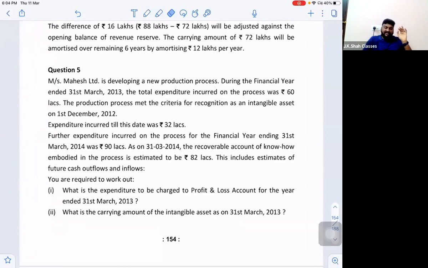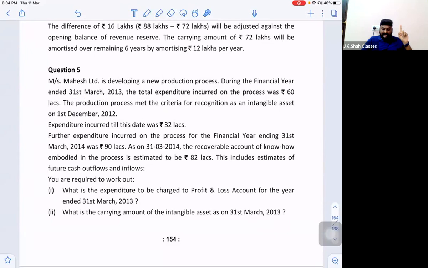Okay. Very, very nice question. Messrs Mahesh Limited is developing a new production process. During the financial year ended 31st March 2013, the total expenditure incurred on the process was 60 lakh rupees. The production process met the criteria for recognition as an intangible asset on 1st December 2012.